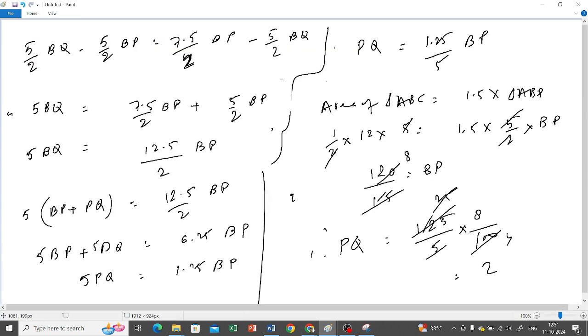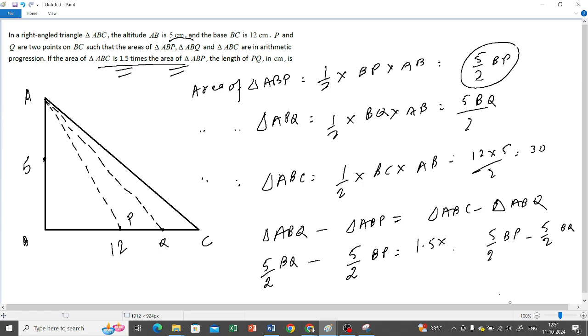This appears long since I've written in detail, but it can be done in short. This is a right angle triangle ABC, AB is 5 centimeter, BC is 12 centimeter. P and Q are points on BC. Area of triangle ABP is half into BP into AB, that is 5 by 2 into BP.